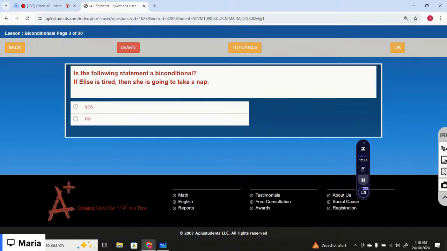Is the following statement a biconditional? If Alice is tired, then she's going to take a nap. No, that is not a biconditional, right?